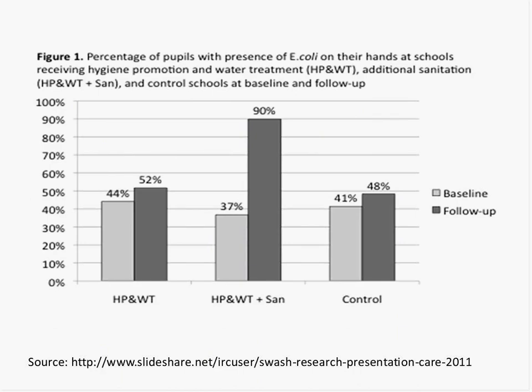Here's another reason why it's important to monitor. This is an example from the SWASH Plus research, School Water Sanitation and Hygiene Research, where they looked at 3 types of interventions. I won't get too much into depth, but in the middle you can see there was an intervention that involved hygiene promotion, water treatment, and sanitation, which means toilets at schools.